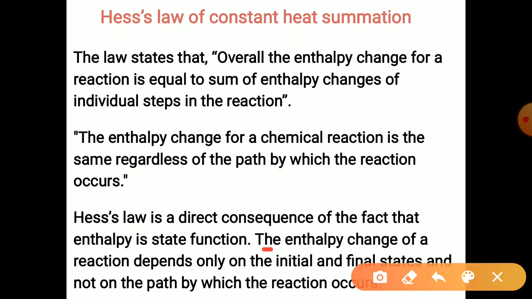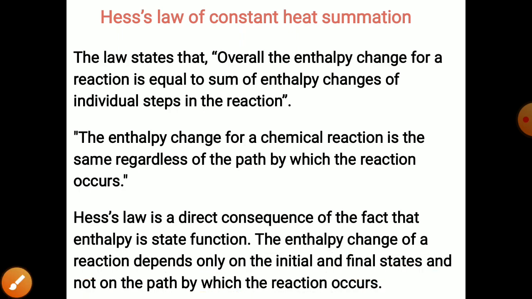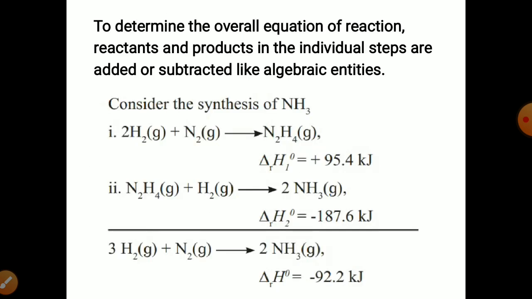The enthalpy change of a reaction depends only on the initial and final states and not on the path by which the reaction occurs. So this is the complete meaning of the statement of Hess's law of constant heat summation.